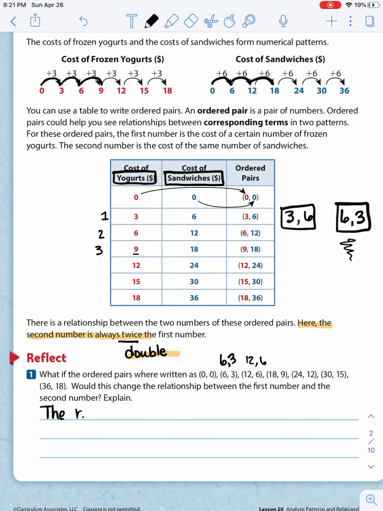The relationship between the new ordered pairs is different.